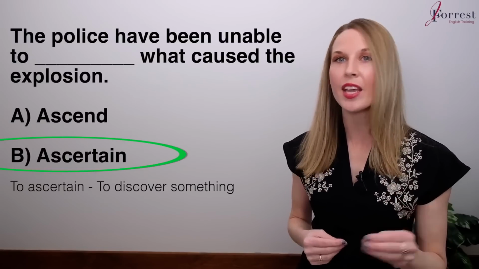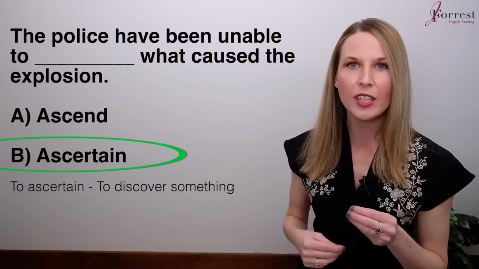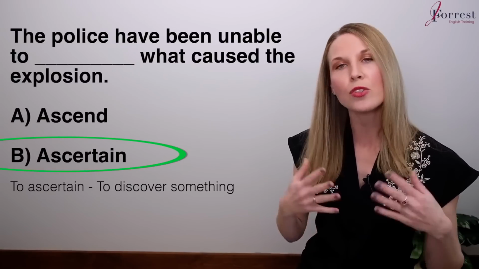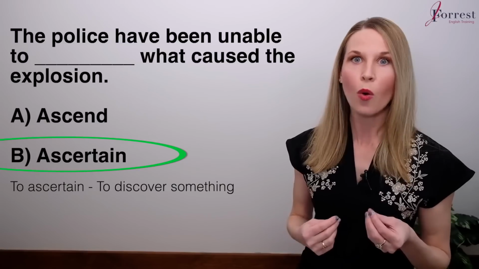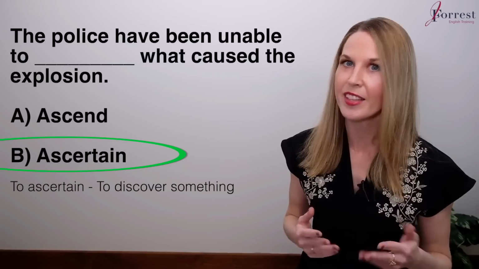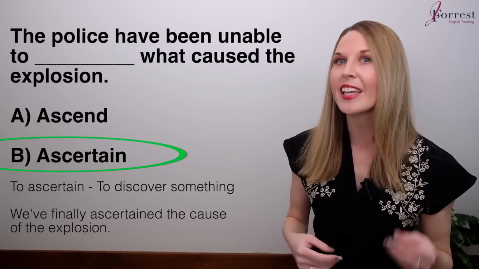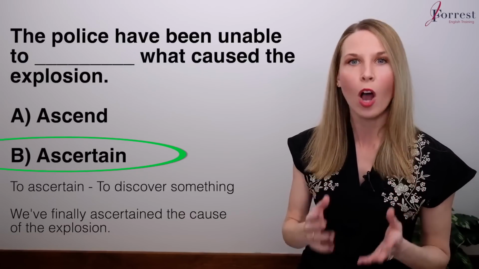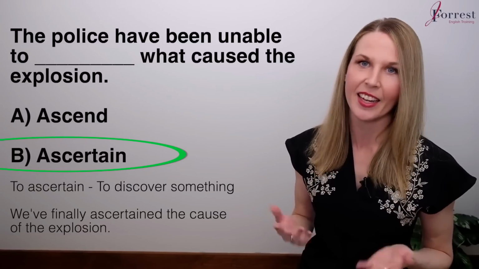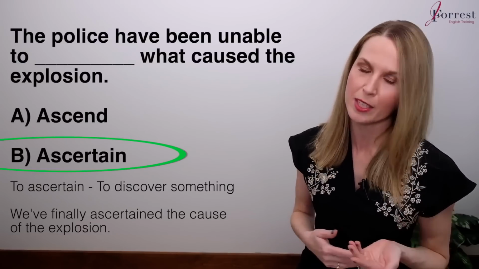So to ascertain the cause of the explosion is to discover the cause of the explosion, to understand why. So when the police do understand why, they discover it, they can say, we've finally ascertained what caused the explosion. It was a faulty gas line.